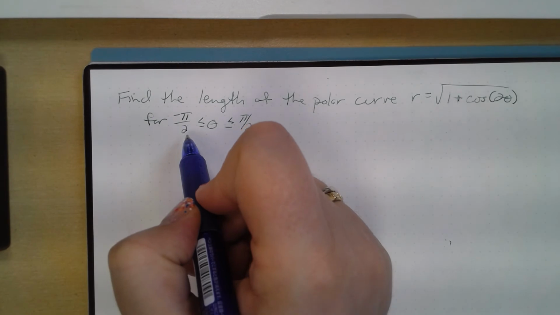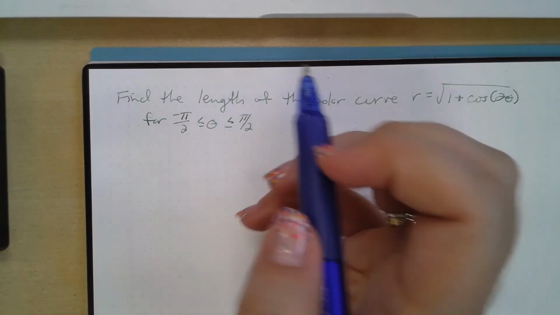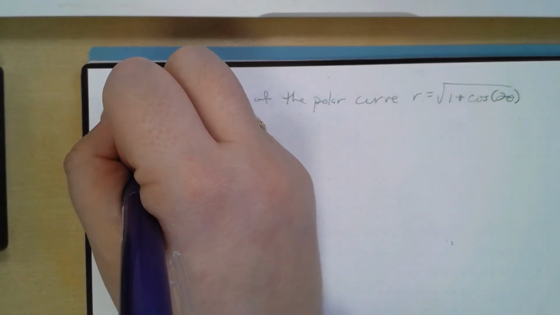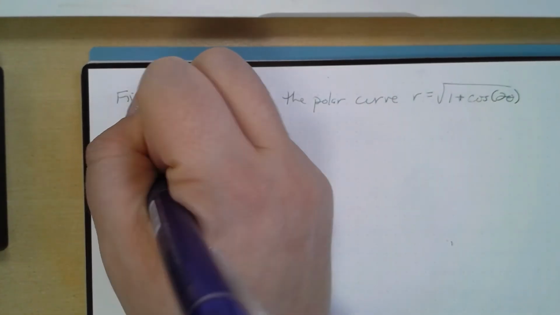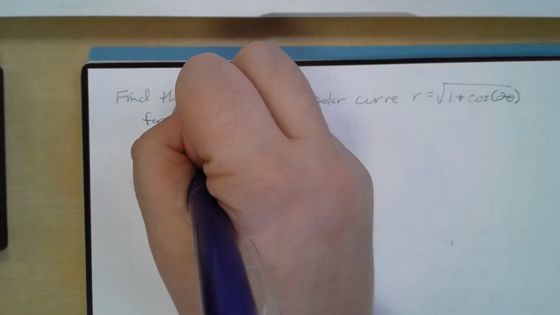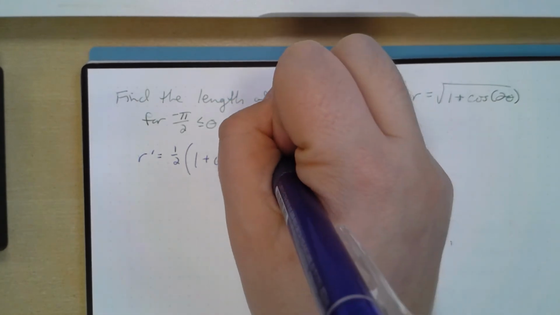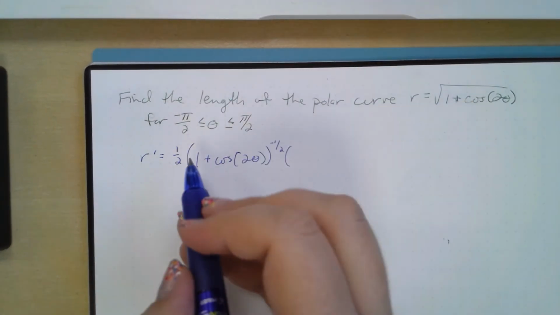for negative pi over 2 less than or equal to theta less than or equal to pi over 2. Okay, well, we can do that. First, let's find r prime. So r prime is equal to 1/2 times 1 plus cosine 2 theta to the negative 1/2. So I took the derivative of that.